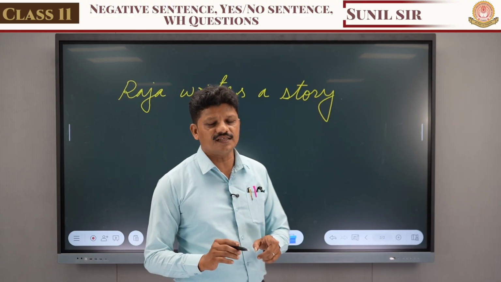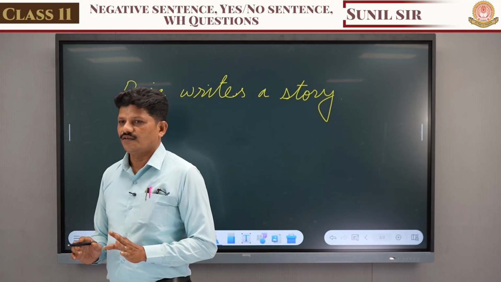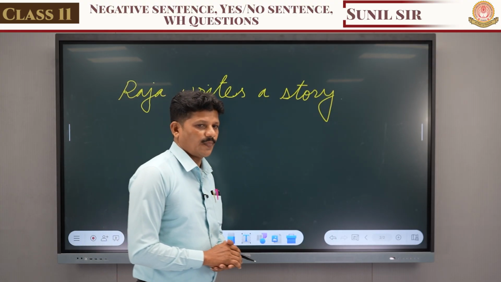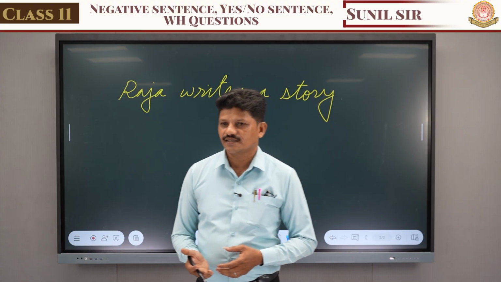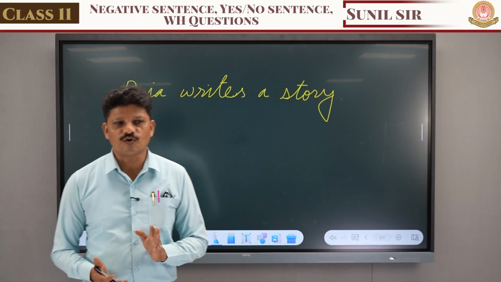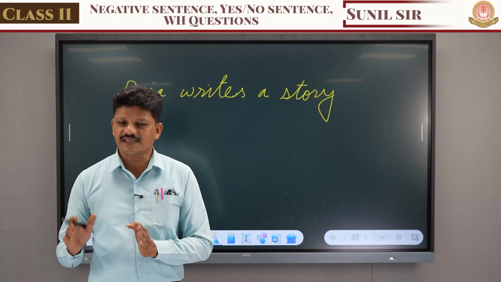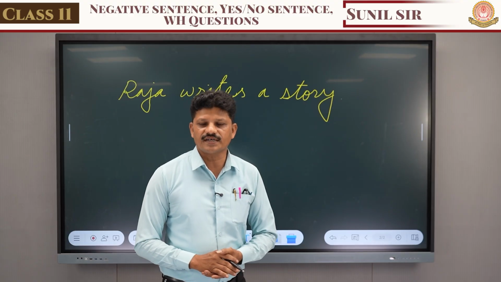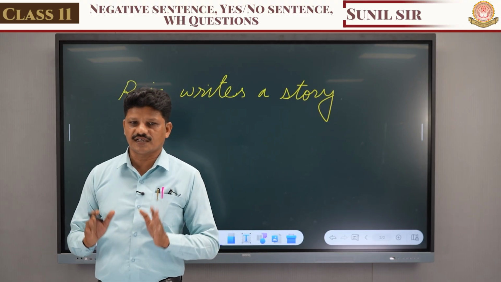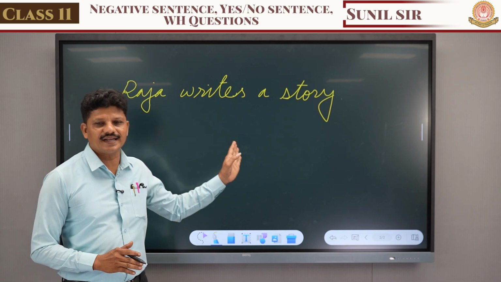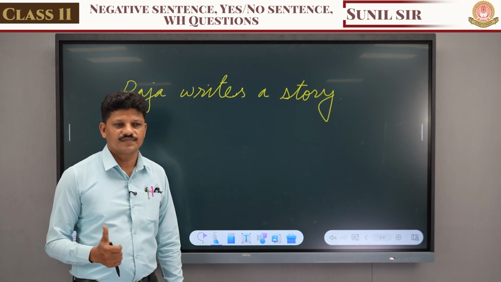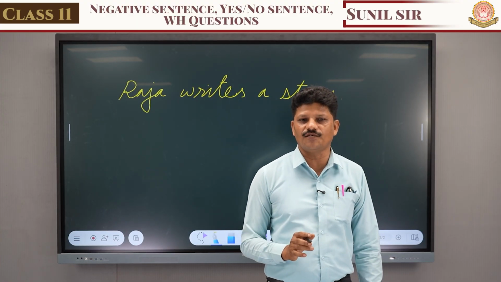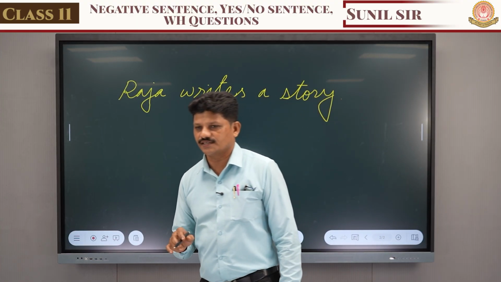In the rest of the tenses, they already have the helping verbs. So now let us come to the point, how to make a negative sentence. The first thing is that we have to find out the helping verb from the given sentence.